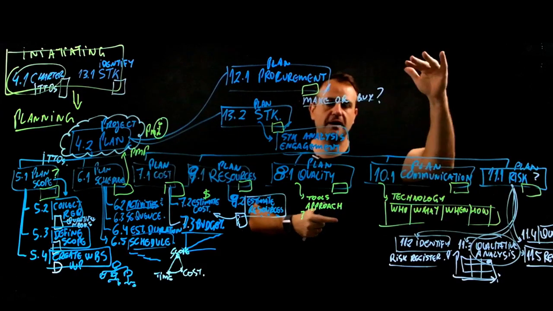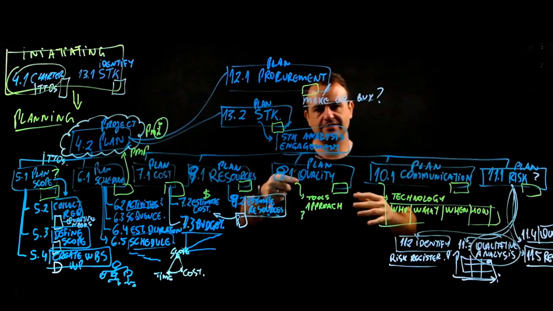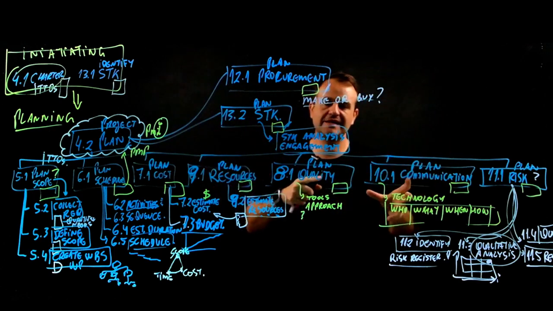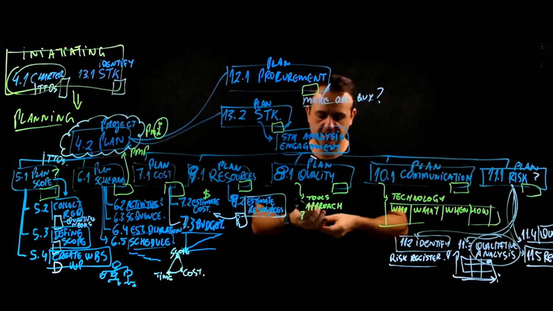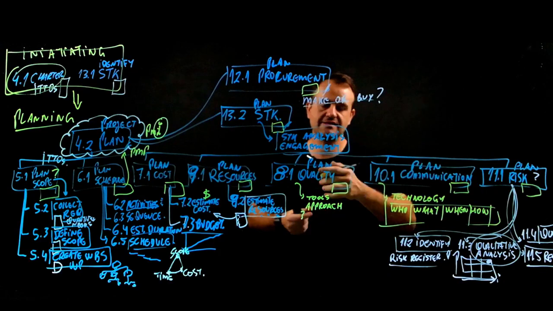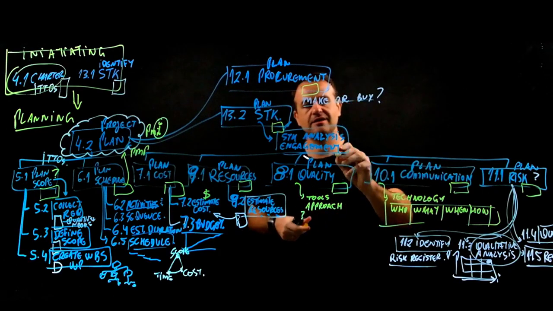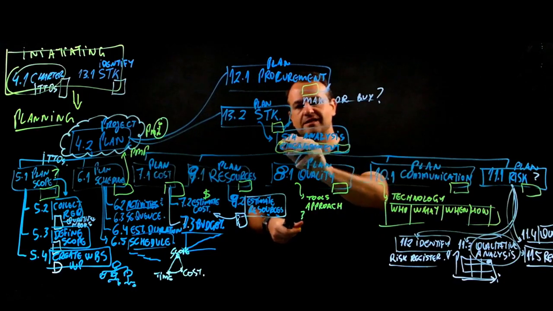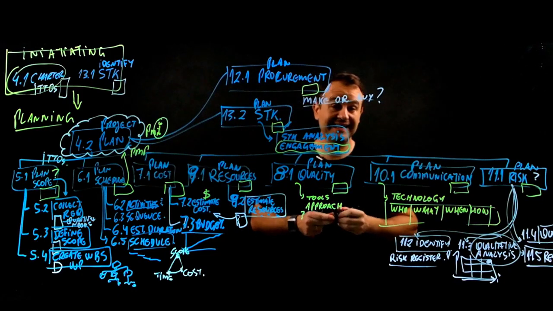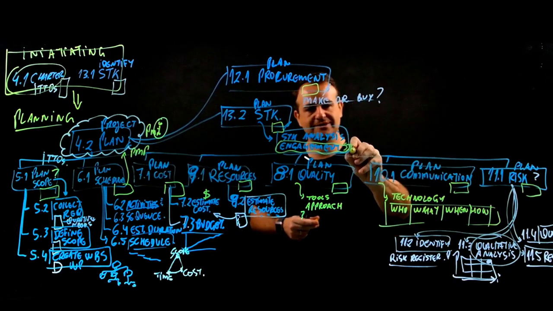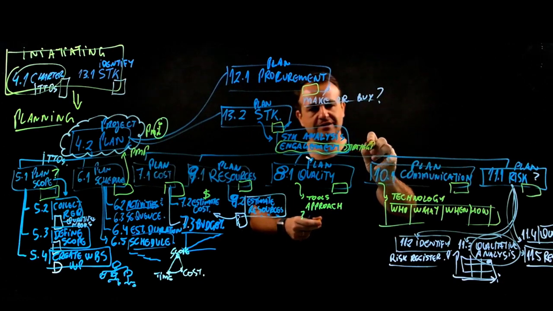And you have high power, low power, you have high interest, low interest. There are different ways that you can analyze your stakeholders and categorize stakeholders so that you can define effective engagement strategies. Okay, so that's the objective here.